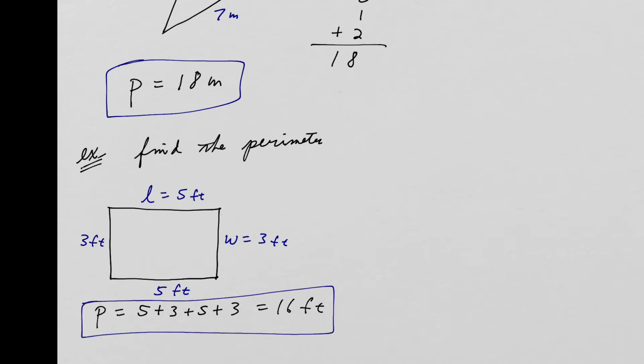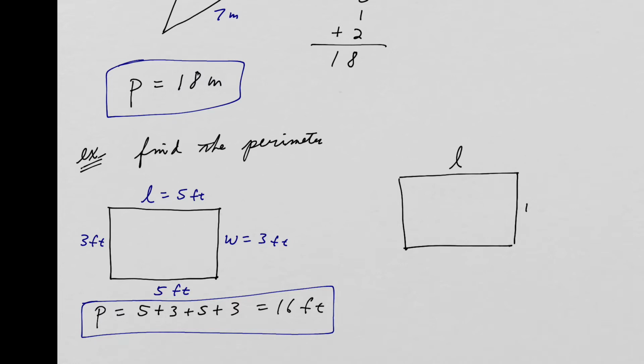Now in general, because a rectangle is a shape we know, we can define the length in general as L and the width in general as W. We can actually come up with an equation for the perimeter. So I can do this more generally is what I'm trying to say. Let's say this is my rectangle. And let's say this is length L in general, right? In our particular example, it was 5 feet, but it can be anything.